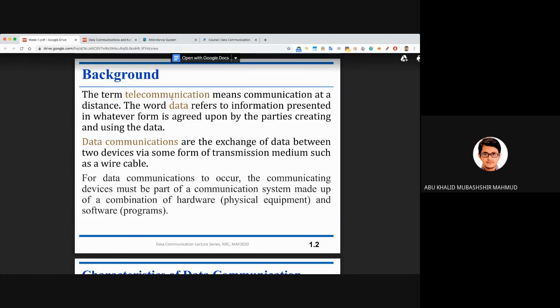What this telecommunication means is that what we are doing, that is participating in online classes, is a type of telecommunication.